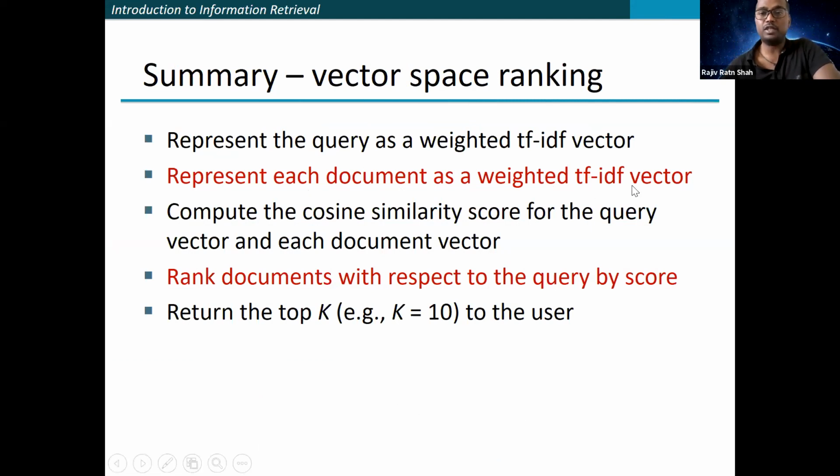Represent each document as a weighted TF-IDF vector as well; the same analogy applies, though documents are longer while queries are smaller. Compute the cosine similarity between the query vector and the document vectors after the normalization we mentioned. Then rank the documents with respect to the query by score and return the top K documents, usually 10 or 20, to the user.